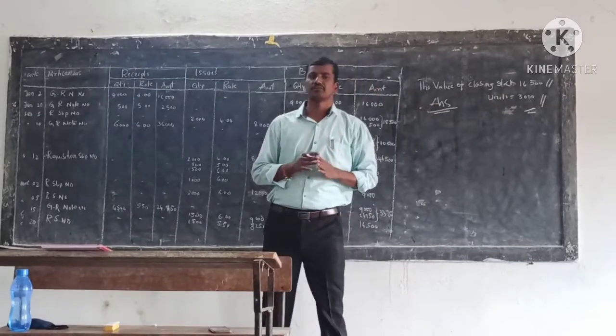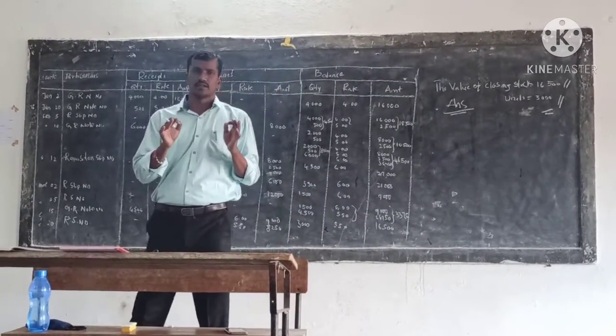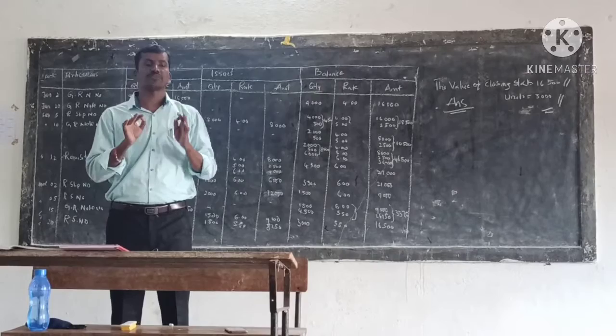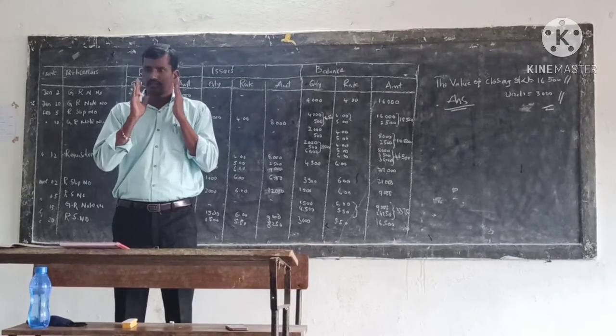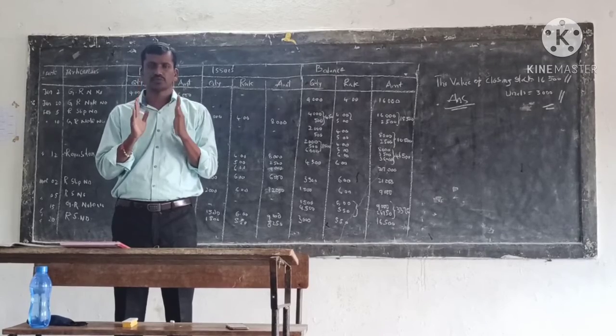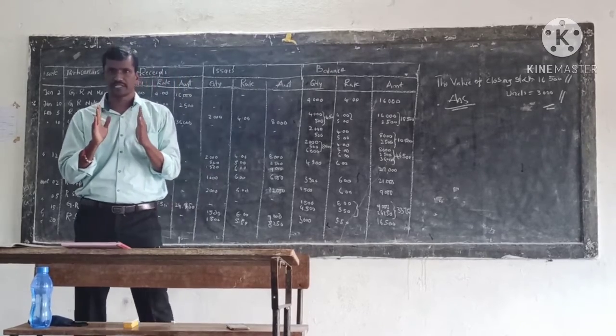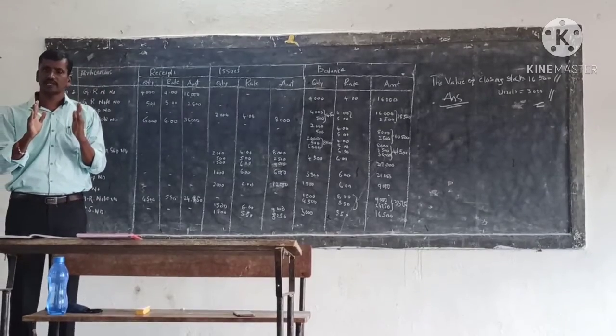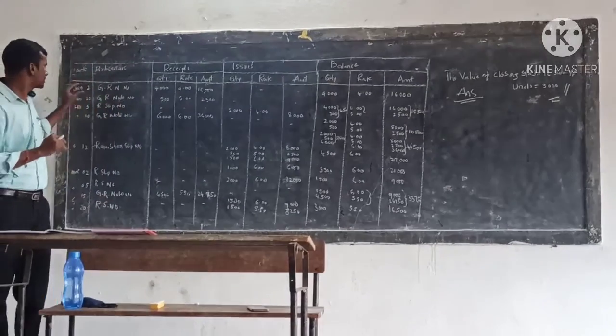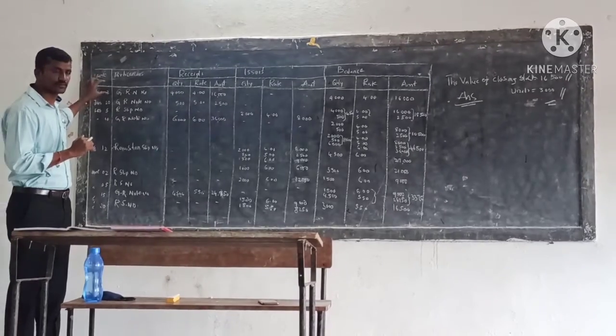So with this we have finished the stores ledger account by following the FIFO method. I hope you understand. Once again I tell you, listen to me very carefully. While you prepare the stores ledger account following the FIFO method, you write the date in the date column.